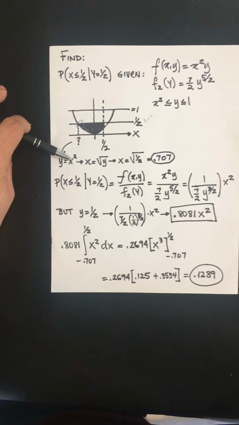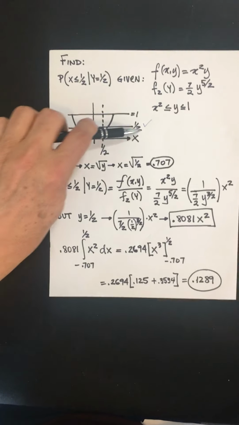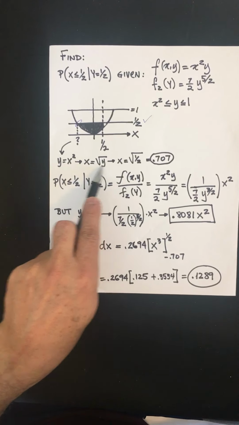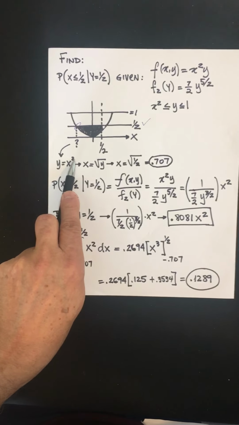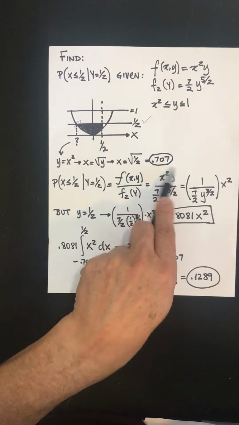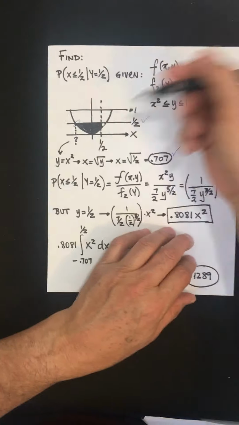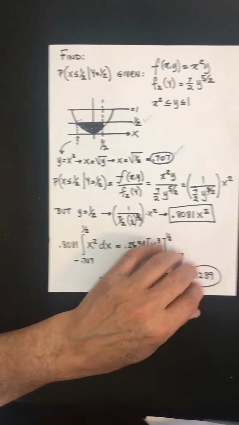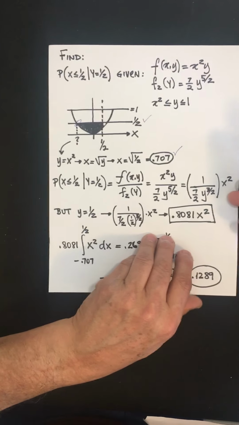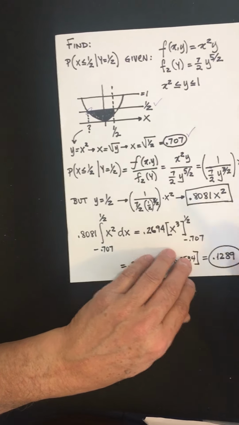I don't know x, but in this intersection, y is half. So I put half for the y, and then I square root both sides to eliminate the power 2. And the x is actually the square root of half, which is this. And this is how I found this intersection point. Okay? You will have to find intersection points for all the problems, actually.